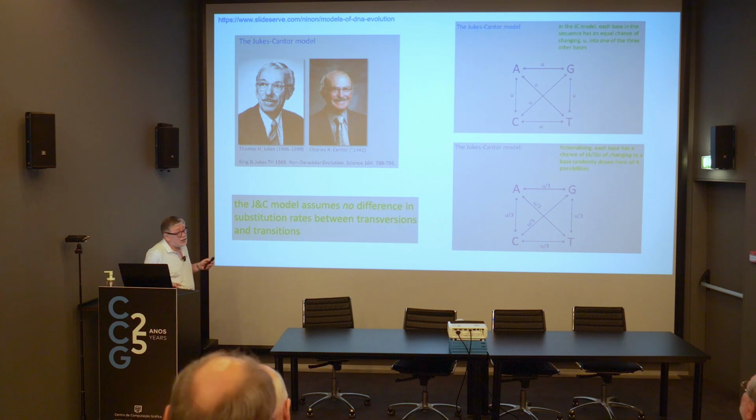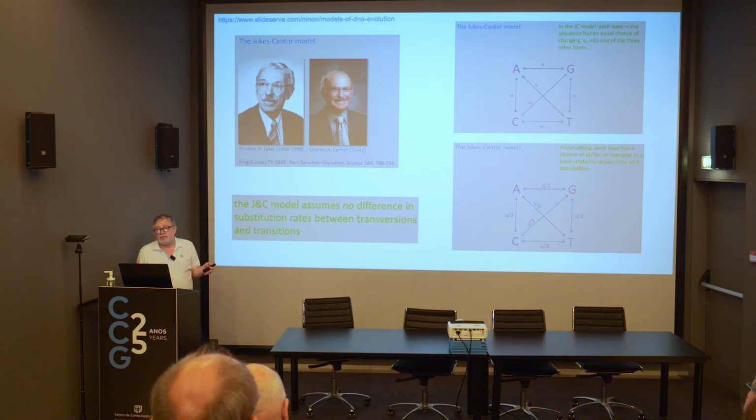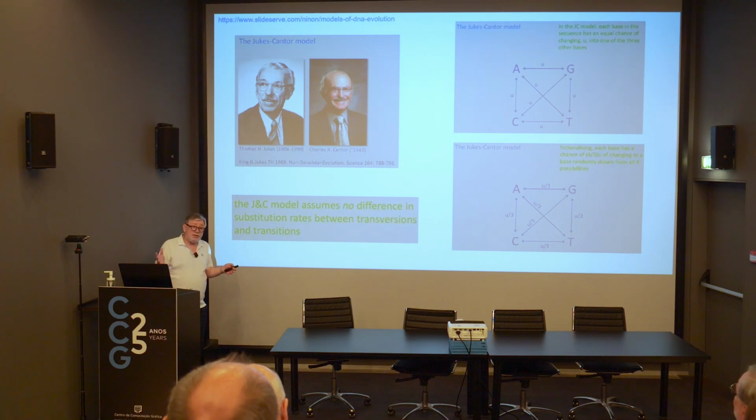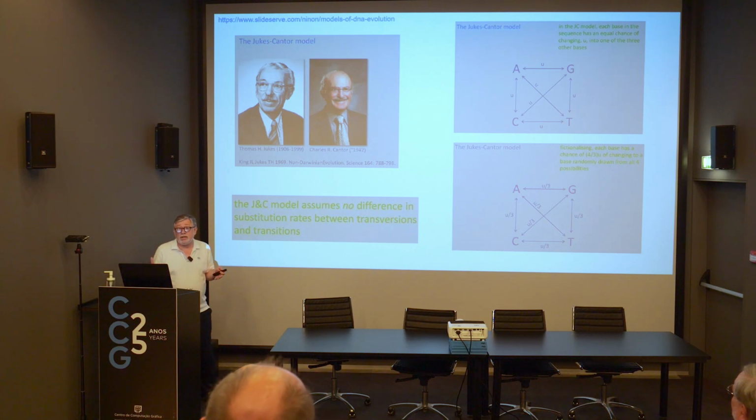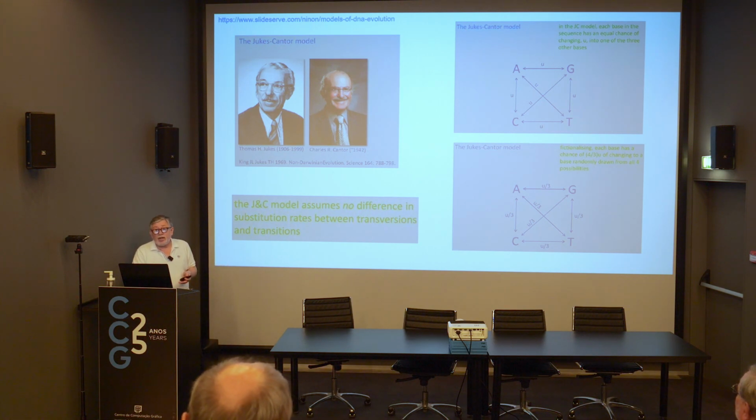The only thing that differs is that in the Jukes-Cantor model, each base has an equal chance of changing. So transitions, transversions, and transversions, which are actually complementarity, because you changed ring and group, have all equal chances.